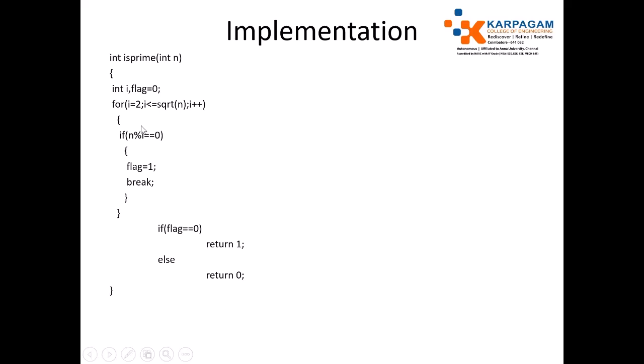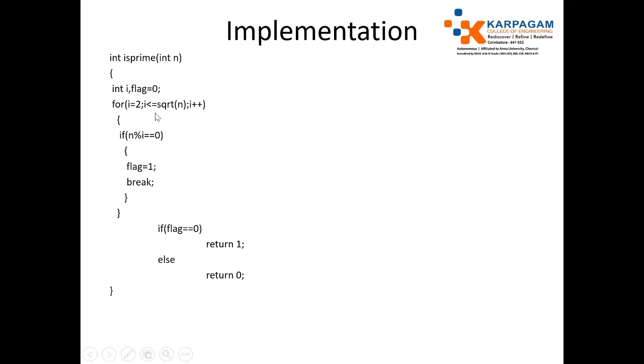I check for 7. I pass the value 7, starting from 2. 7 is divided by 2, getting the remainder. It's not equal to 0, so the condition failed. And the square root of 7 is approximately 2.6, so the loop runs only up to 2, less than 3 actually.